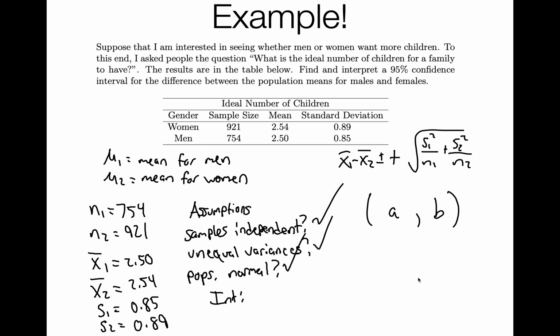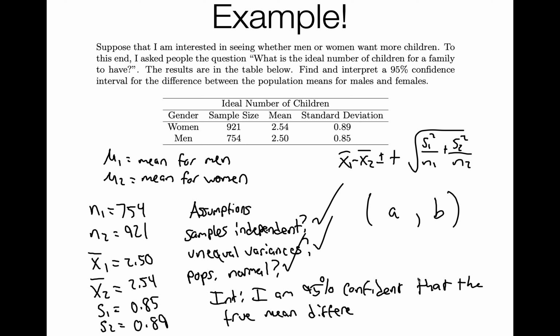Okay, and your interpretation would say, I am 95% confident that the true mean difference between men and women, actually the true difference between the number of kids men and women want, is blank and is between blank and blank.